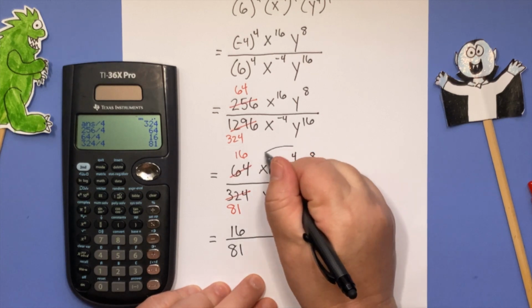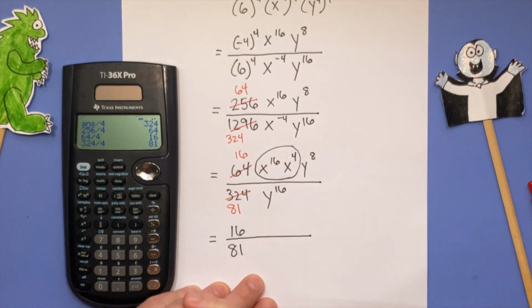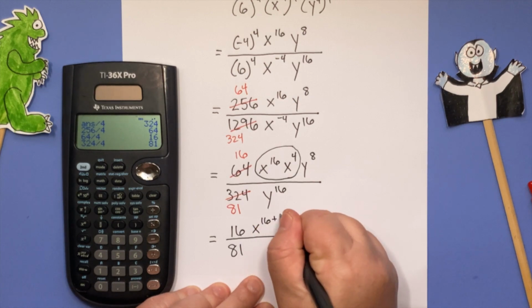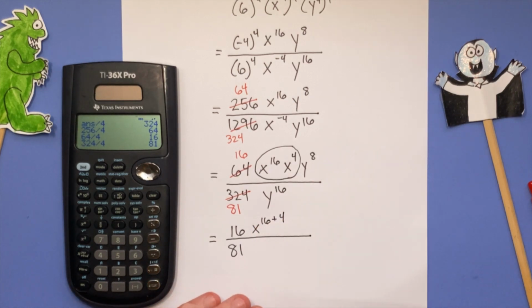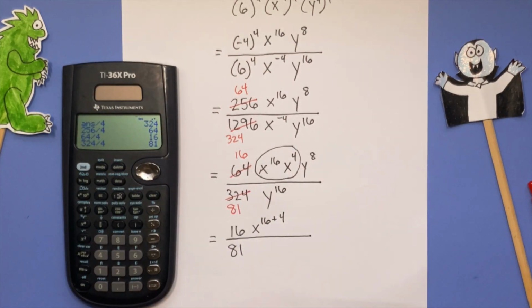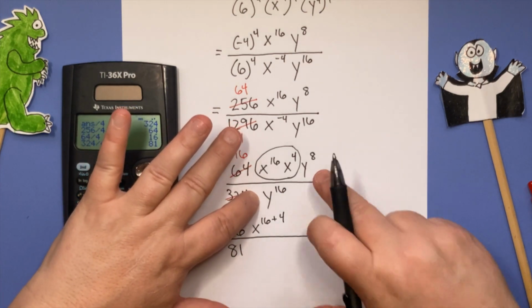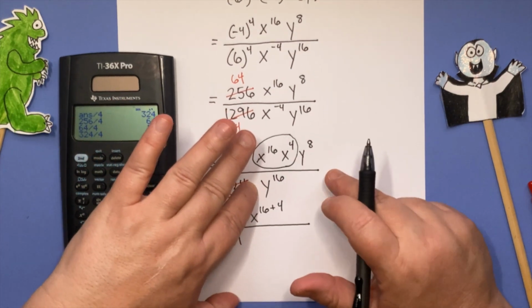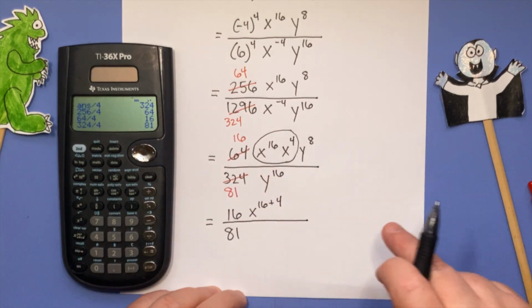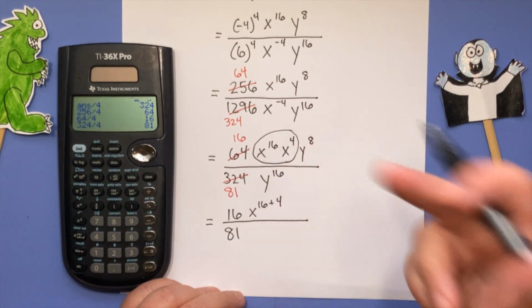The x to the 16th times x to the 4th is x to the 16 plus 4, right? Because they're multiplied, they're at the same level together, so I add them. Now, what do I do with the y? If I've got a y to the 16th on the bottom and a y to the 8th on top, I've got more y's. There's 16 y's down here, up here, y, but fewer.